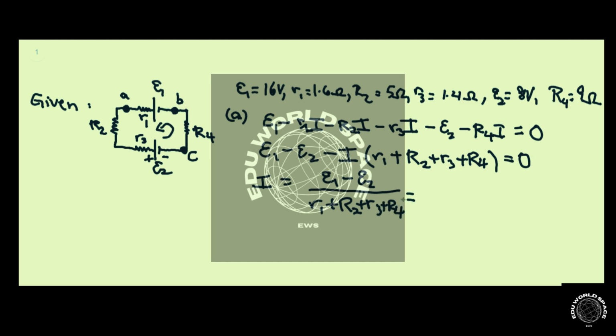And we actually have all the numbers. So that's 16 volts minus 8 volts over R1, which is 1.6 ohms, and R2, which is 5 ohms, and R3, 1.4 ohms, and finally R4, which is 9 ohms.